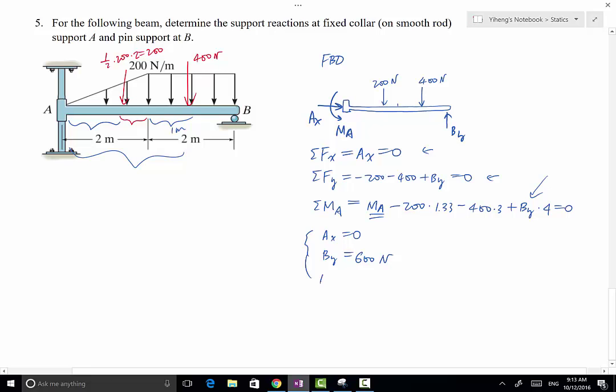From there, we can solve for MA, which equals negative 933 Newton meter. The negative sign indicates that even though our assumed sense of direction for MA is counterclockwise, the actual support is a clockwise couple moment with a magnitude of 933 Newton meter.